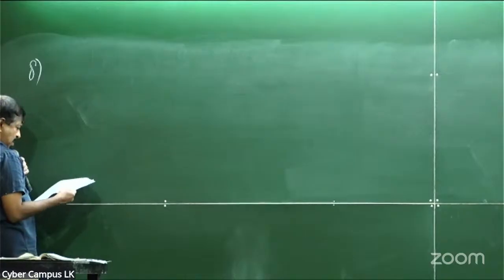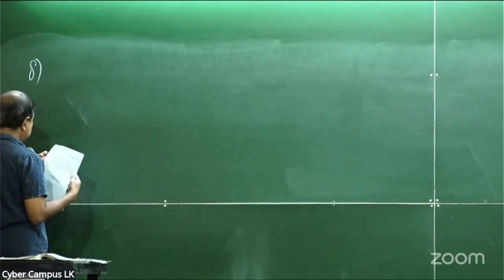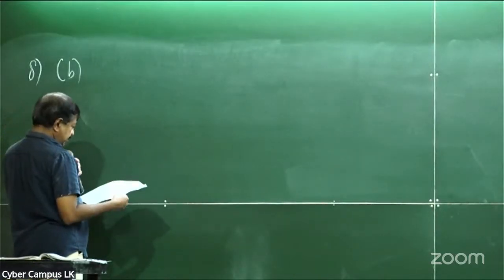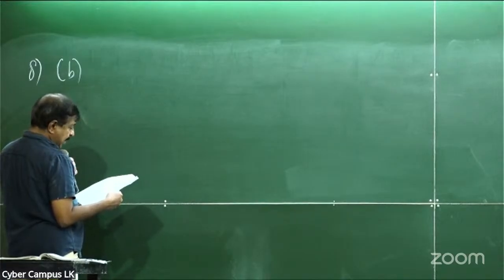Okay, I'll start with part B. This says that in usual notation, you have to state the cosine rule for a triangle ABC.